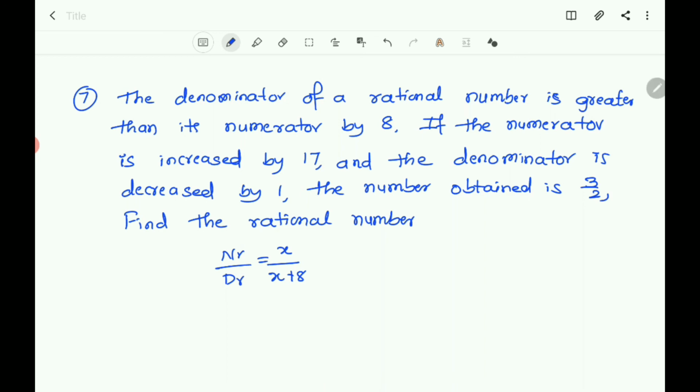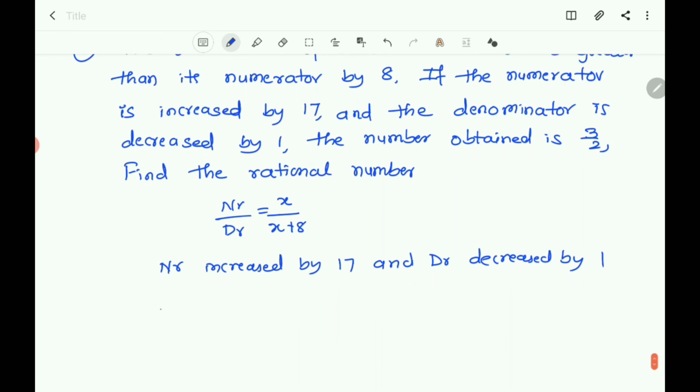So the numerator is increased by 17 and the denominator is decreased by 1. Therefore you can write, the number obtained is 3 by 2.